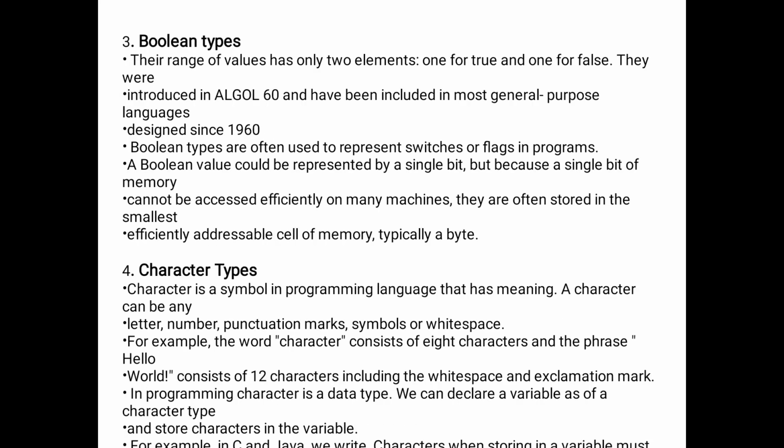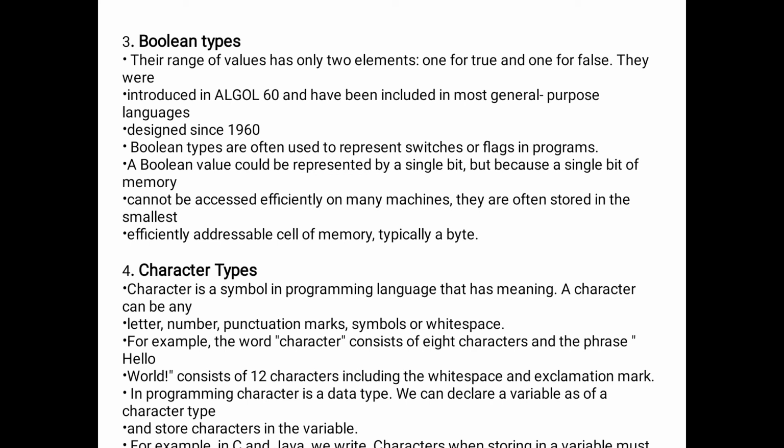Next one, Boolean types. Their range of values has only two elements, one for true and one for false. They were introduced in ALGOL 60 and have been included in most general purpose languages designed since 1960.